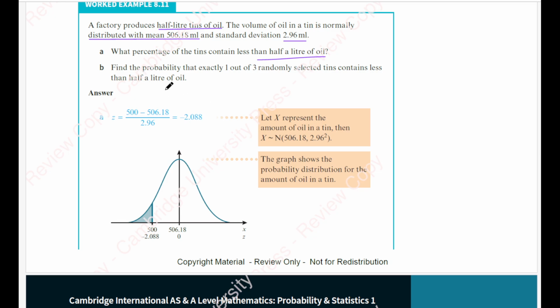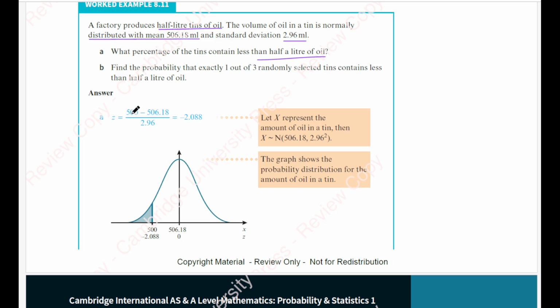It's quite easy. If you want to find that, you first need to standardize. We need the percentage of tins that contain less than half a liter of oil, which means 500 milliliters.